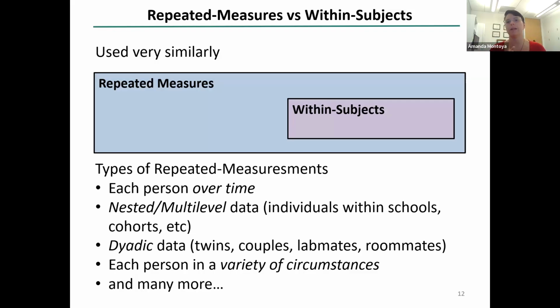Or a couple, you might ask each of the partners in a couple. That is considered repeated measurements because those two measures are reflective of the couple, even if they're not measured over time. You could then also measure twins or couples or schools over time as well.